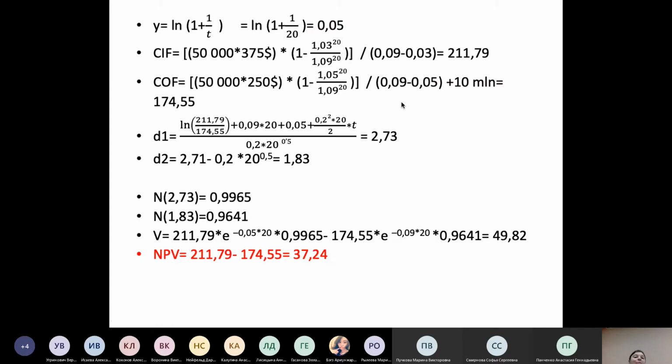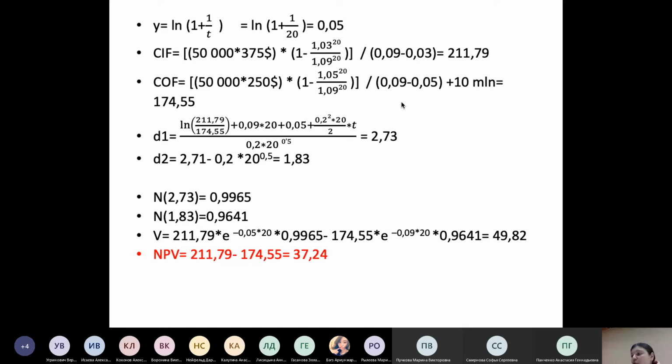So I'm proposing the following formula for finding our cash inflows. It will be 50,000, our capacity, multiplied by 375, it's your sales for 1 year. And now we should add the component of changes of the price in the following way.